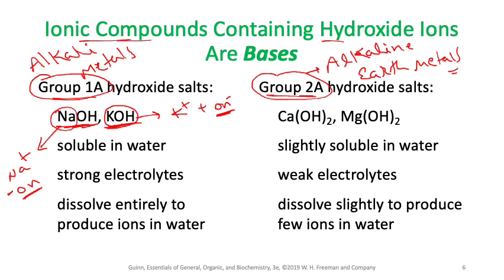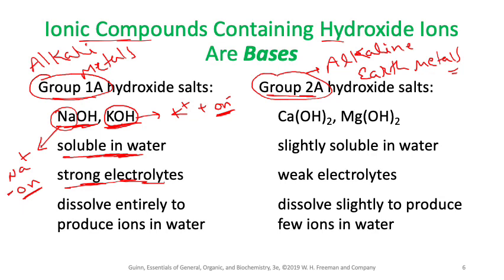And what's the characteristic of the elements that make this kind of ionic compound with hydroxide ion and belong to group 1A? They are mostly soluble in water, and they are also strong electrolytes, and we already talked about electrolytes in the solution chapter, the previous chapter. Electrolytes are those solutions that can conduct electricity, and which kind of solution can conduct electricity?